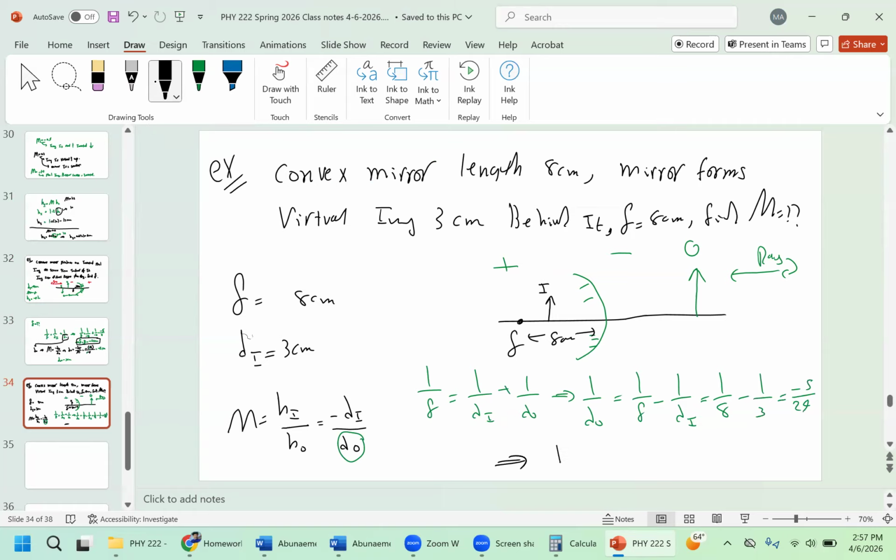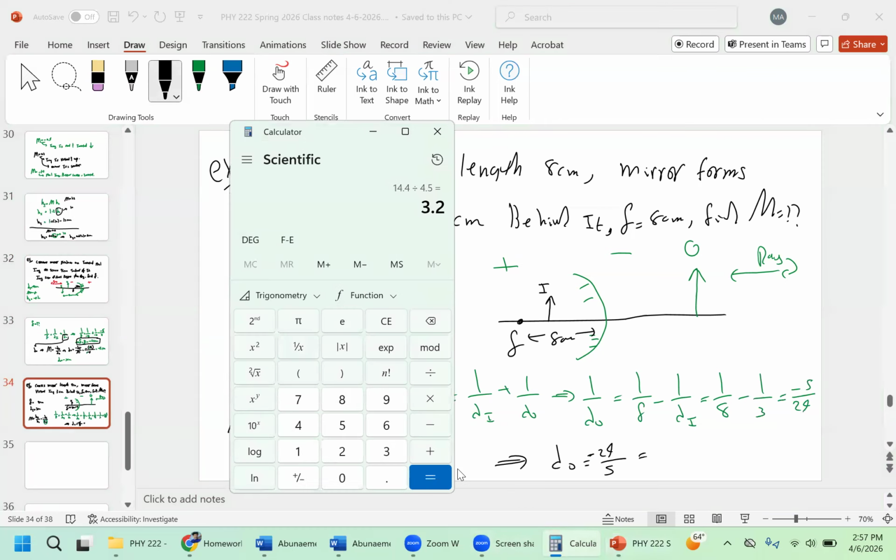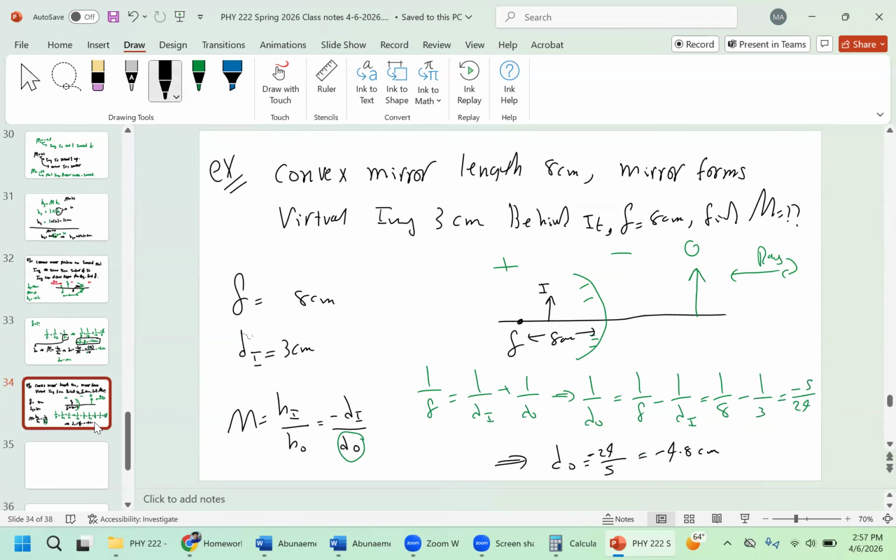Which means that DO would be 24 divided by 5. Negative, don't forget the negative. You get minus 4.8 centimeters.